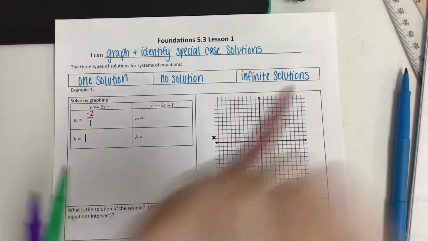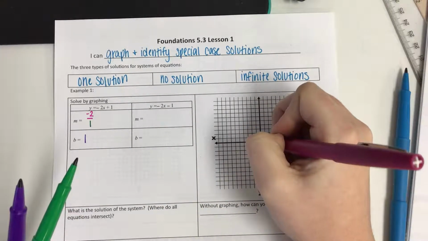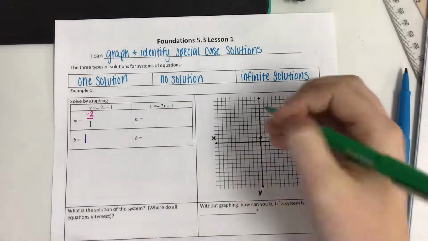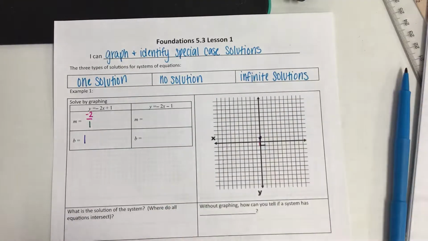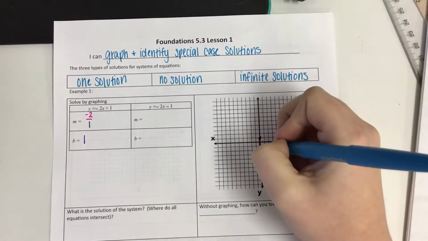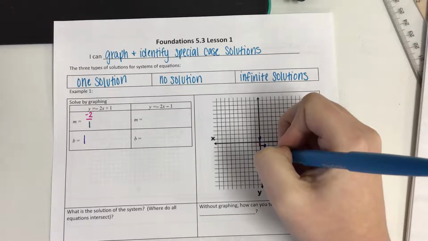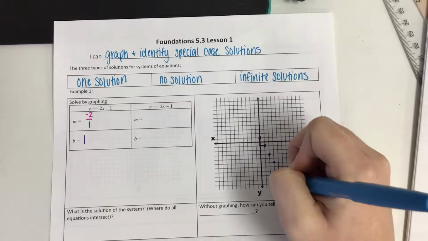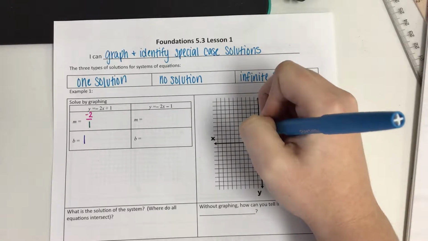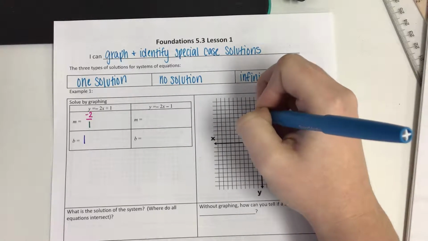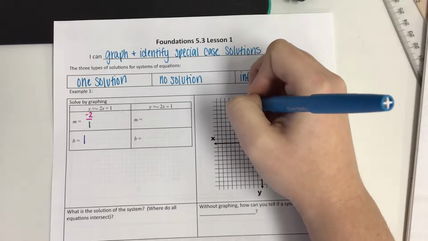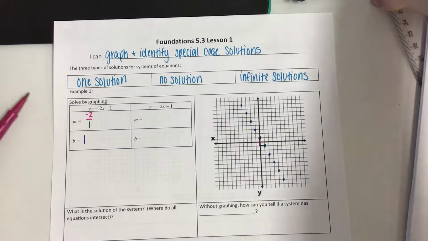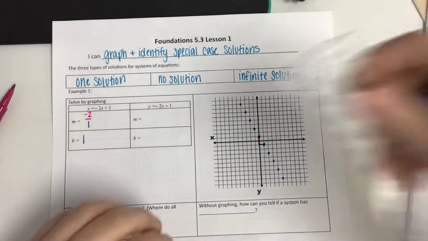We're going to go down 2, and we're going to go right 1 to draw our new point. We're going to continue this pattern for our whole graph. We're going to go up 2, left 1 to go the opposite direction. And then we can go ahead and draw our line.